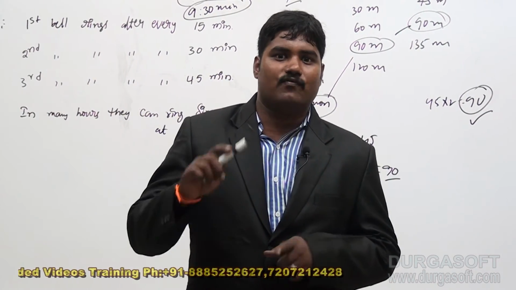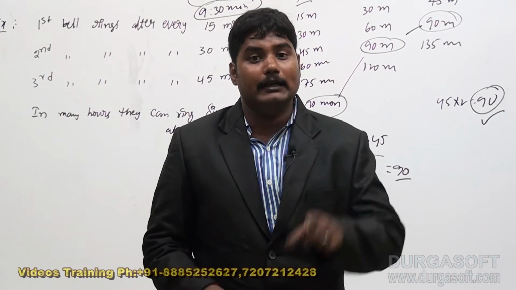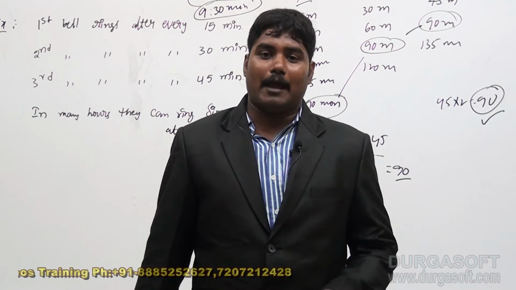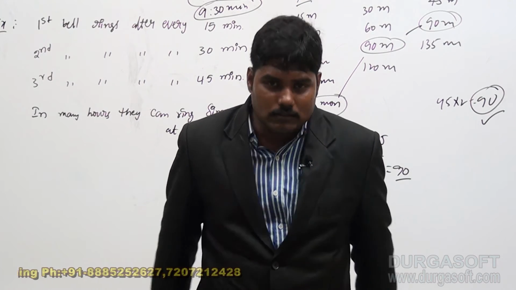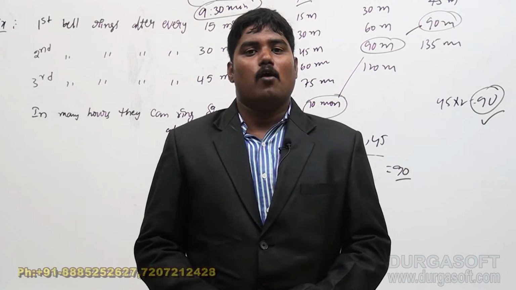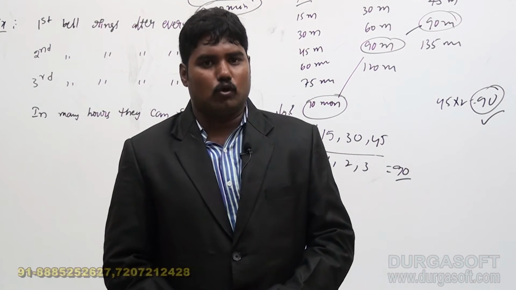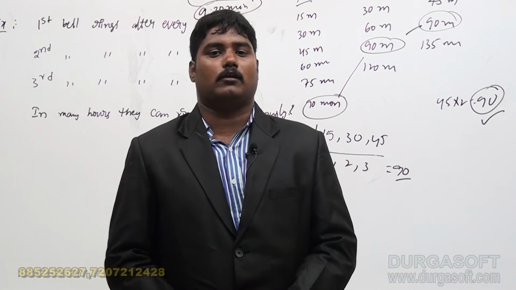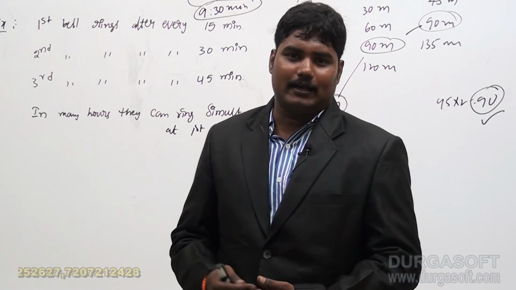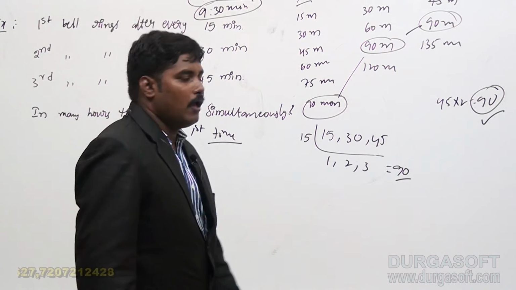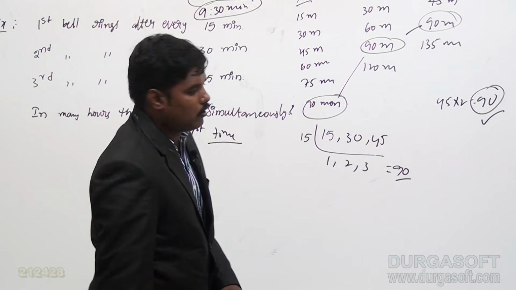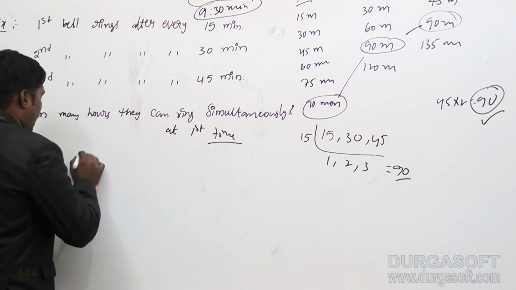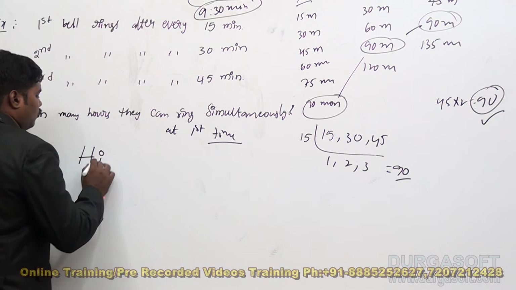This process is very useful to you in time and work problems, and in Python systems, where you can do problems based on this concept only. While getting the LCM, total units of work can be calculated. So for getting the LCM, we use the shortcut: the highest number multiple common to all.